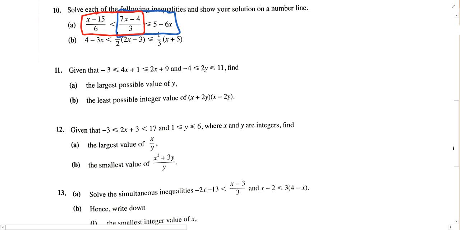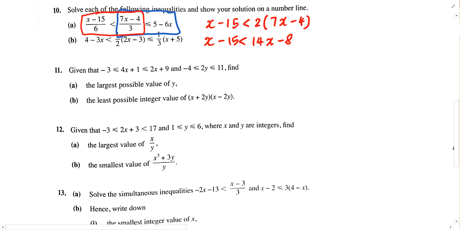We will want to get rid of the fraction. In this case, we multiply throughout by the lowest common multiple, which is 6. Since it is a positive number, we don't have to flip any of the signs. So for red, we get x minus 15 less than 2 times 7x minus 4. So x minus 15 less than 14x minus 8.